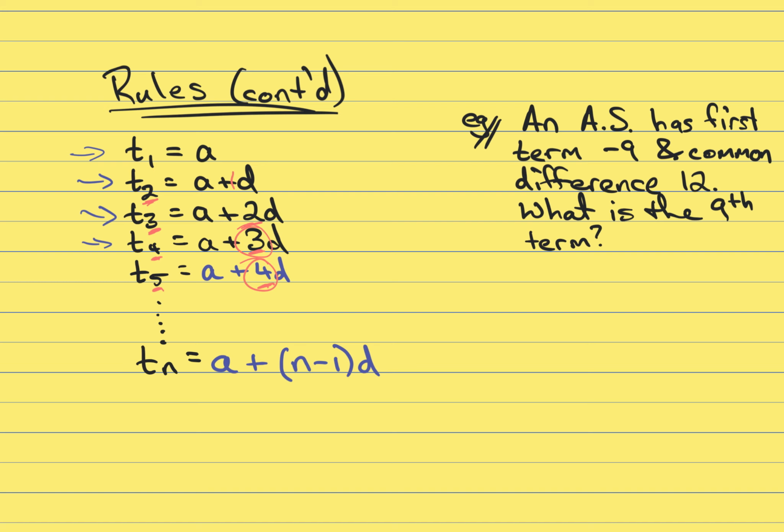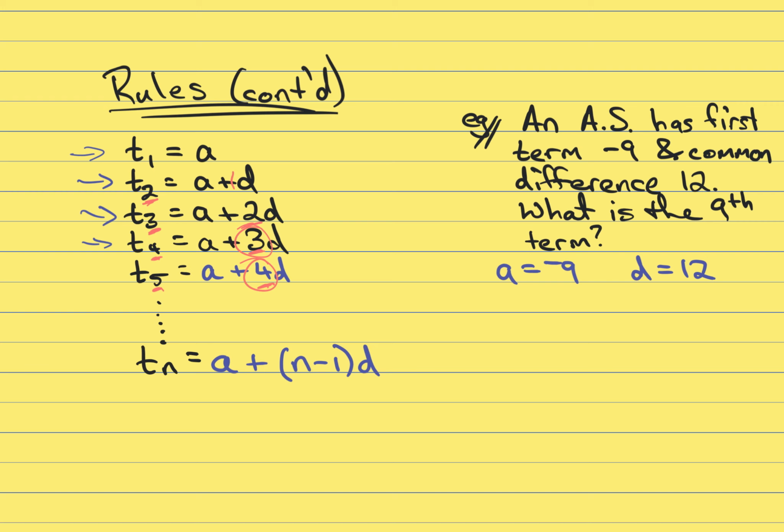Let's take an example. Over on the right, an arithmetic sequence has the first term minus 9, so that means that A is equal to minus 9, and the common difference is 12, so I'm going to write D is equal to 12. And the question is, what is the ninth term? Now, I mean, 9 is not very big, so I could actually just go through and figure it out. Minus 9 plus 12 plus 12 plus 12 and so on.